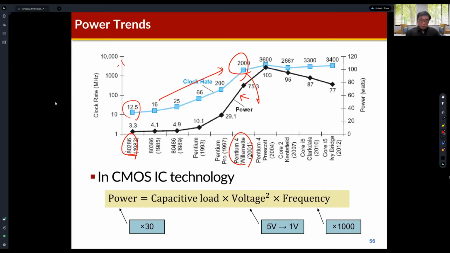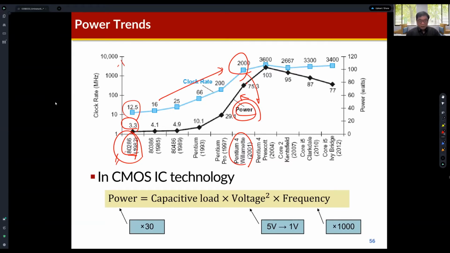Well, let's see the power. The very old CPU just consumed 3.3 watts. What is the unit of power consumption? It's watts, 3.3 watts, very, very low. Even the recent mobile processor consumes about 5 watts. But just remember that this is a desktop CPU.